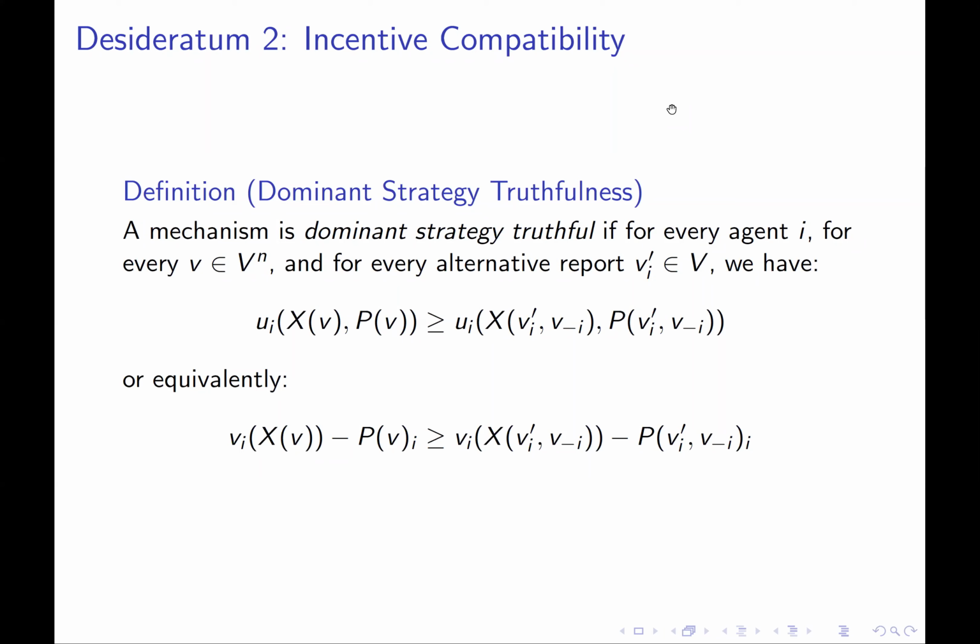Or equivalently, if we look at the value minus the price that you experience for the outcome that's chosen when you truthfully report, that should be only higher than the value minus price for the outcome that's chosen if you choose to lie in any way.